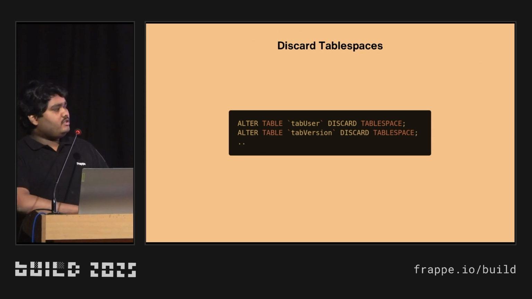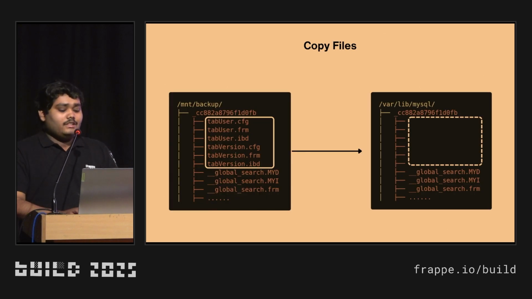This is specific to the InnoDB engine, which supports importing the IBD files back. Before copying the files back, we need to discard the tablespaces. Once you discard the tablespace, the IBD files get deleted from the actual database.